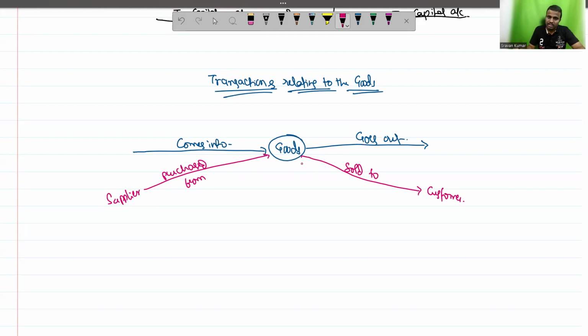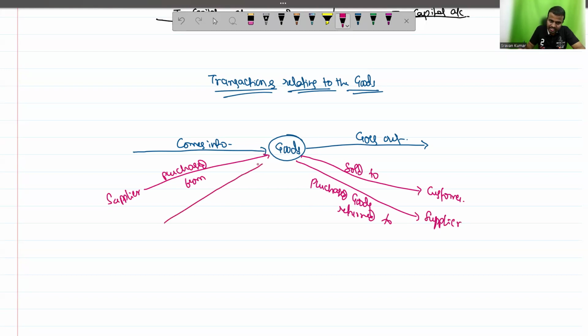For example, if the purchased goods are returned by the business to the supplier, or if the sold goods are returned by the customer.